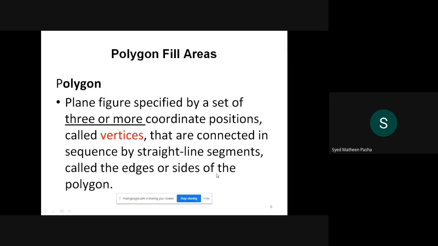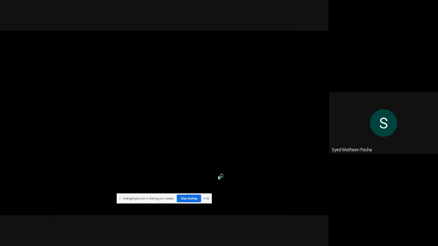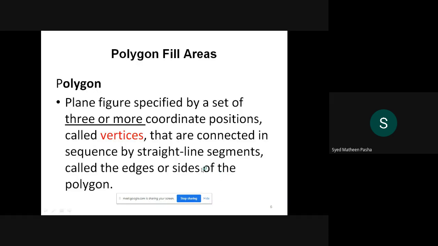A polygon is correct only when it is connected with each other. Each straight line which is represented should be connected with the others so that I can represent it as a loop. Each and every polygon should consist of a loop. If there is a breakage of the loop, I cannot represent it as a polygon. I can just represent it as a connection of lines, but no polygon is represented in that object.